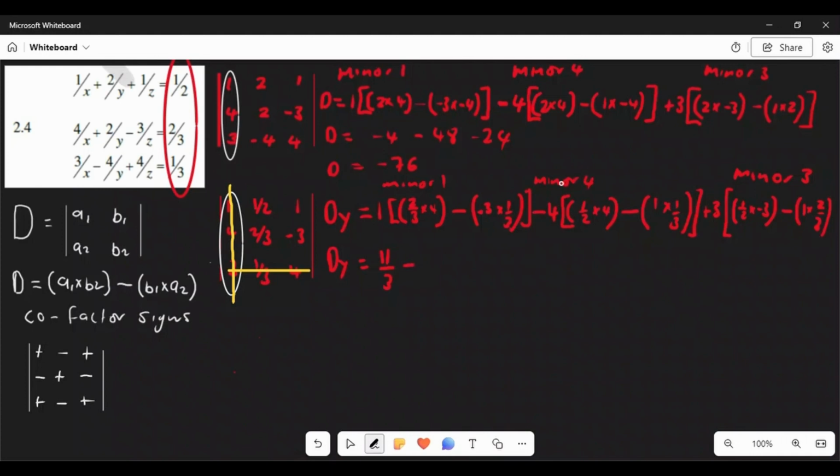The second minor, which is 4, is going to be -20/3. And the last one is going to be -13/2.